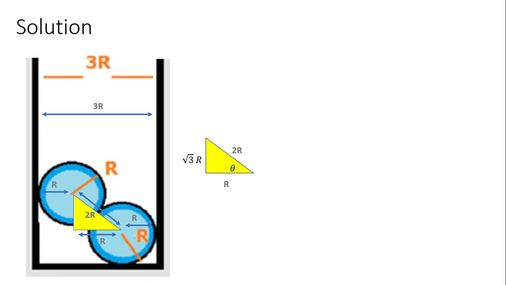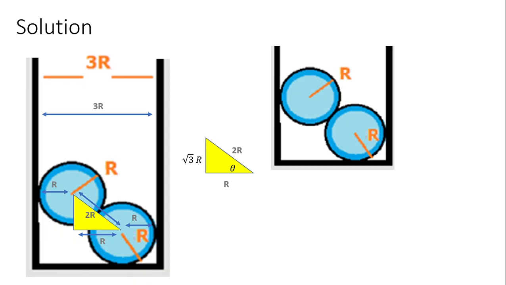Okay, now we figure out the force diagram that works on the object, especially the sphere. This is the contact force from the wall. This is the weight of the sphere. This is the contact force that we are looking for.